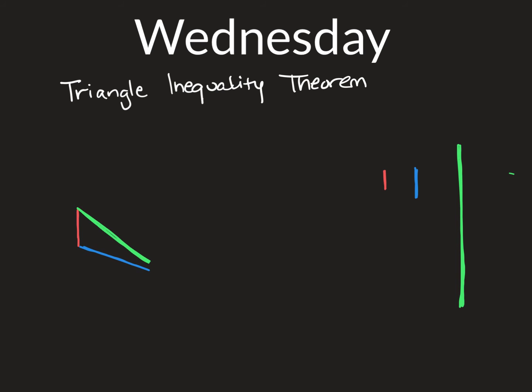So I've got 3 side lengths here, and I'm kind of messing these around. Let's see if I can actually turn this so that it works. Boom. Okay, great. I made a triangle out of these 3 side lengths. Let's see if we can do the same thing over here. I'm going to move this here and here and start turning this guy around.